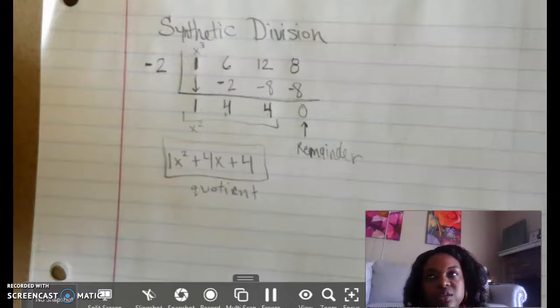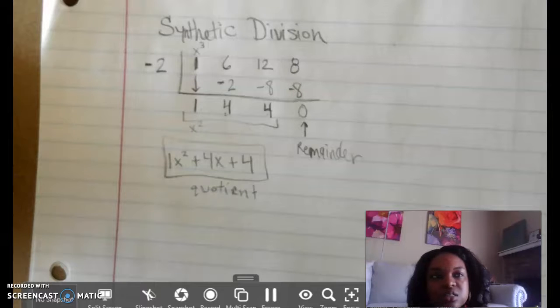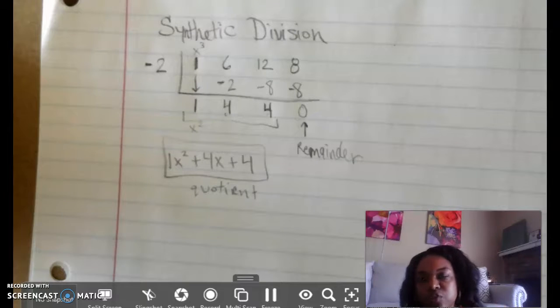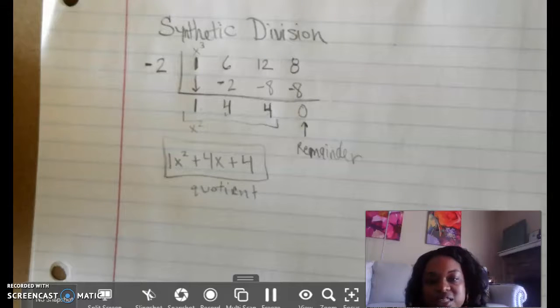So this last method of factoring works for everything, but it takes the longest because it's when any other method fails. So if we can't find a GCF, if we can't use a special formula, if we can't factor by grouping, this is the last method that we would use to factor.